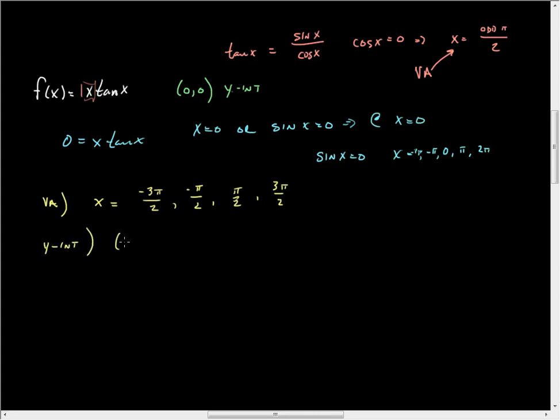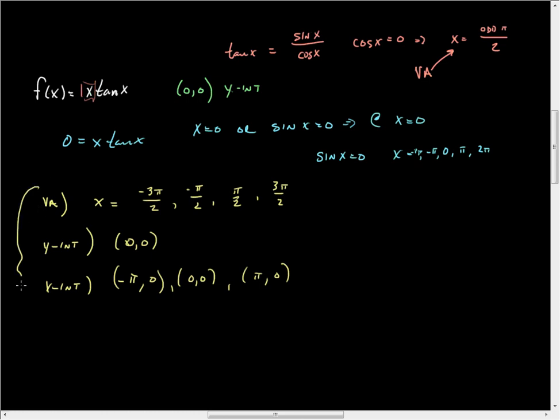We have x-intercepts at (negative pi, 0), (0, 0), and (pi, 0). And that looks like that's it. So here's a listing of all the things that we have so far.